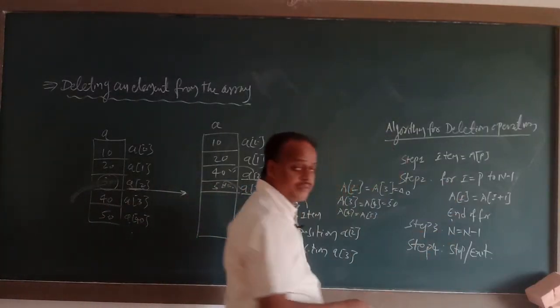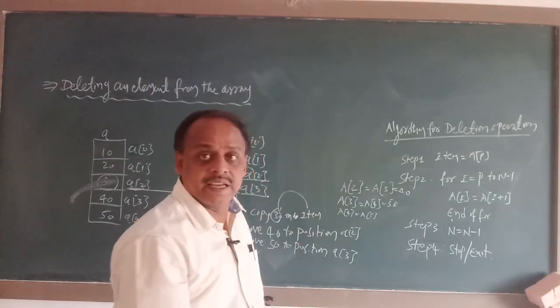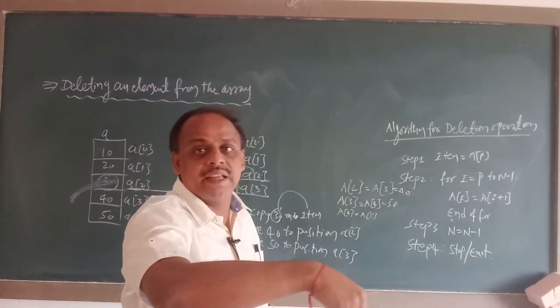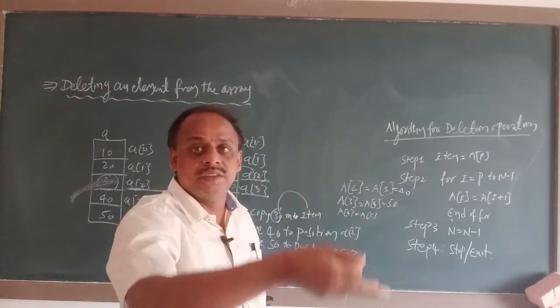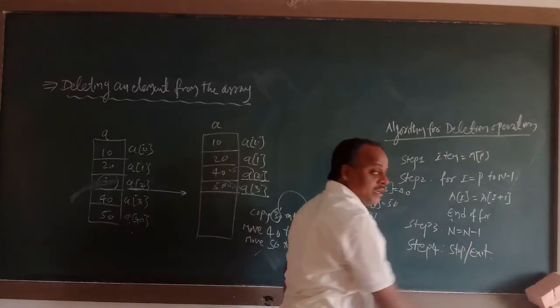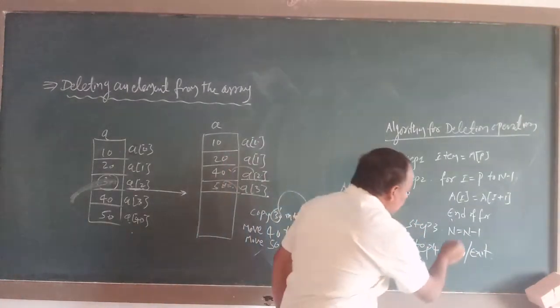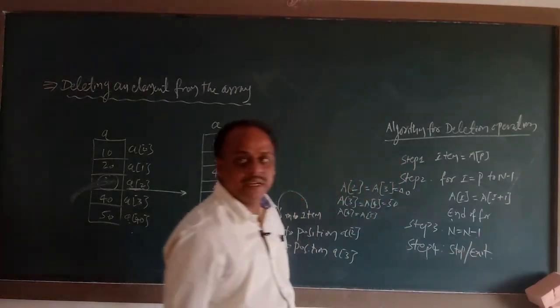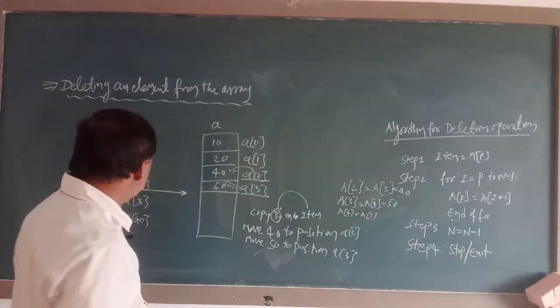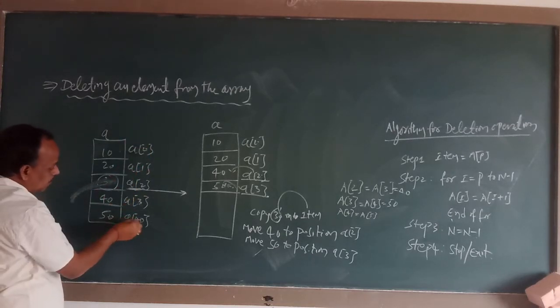Next, after deleting an element, array size is decreased, whereas after inserting an element array size is increased. Therefore in the insertion algorithm we take n equal to n plus 1. This is the deletion, so array size is decreased, therefore n equal to n minus 1. See here, in the previous array last element is there in A of 4.